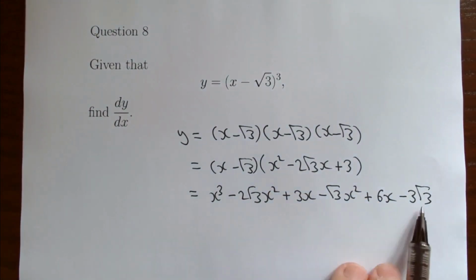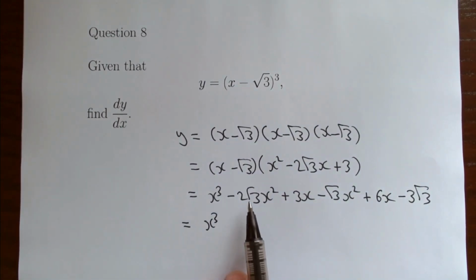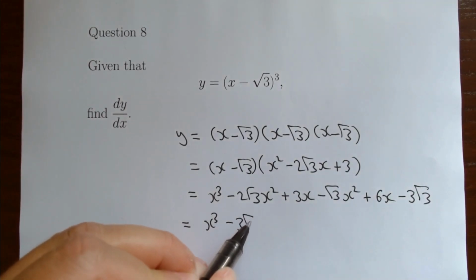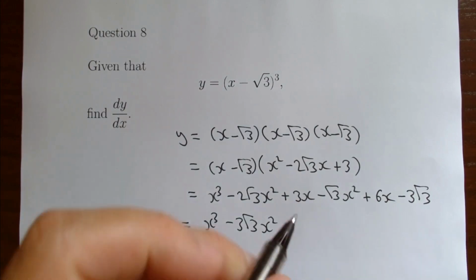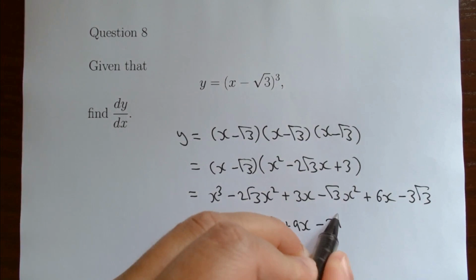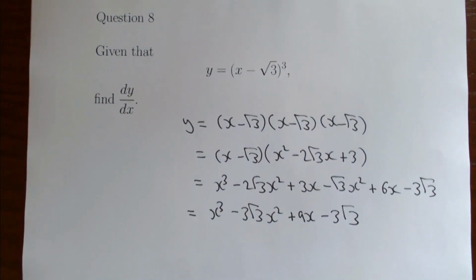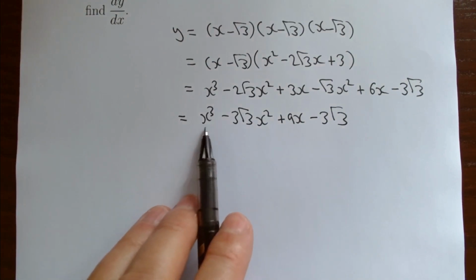Okay, and then we're going to collect like terms. So x cubed, you've got these two, minus 3 root 3x squared, that gives you 9x, and that's on its own. Okay, now that it's been expanded, we can now differentiate it.